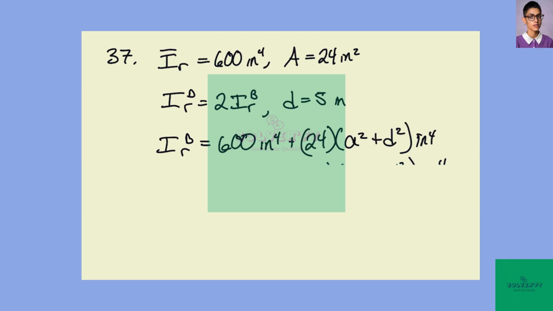We can write I_rB as the polar area moment about the centroid plus the area times the distance squared between point C and point B, and that is just a squared plus d squared.